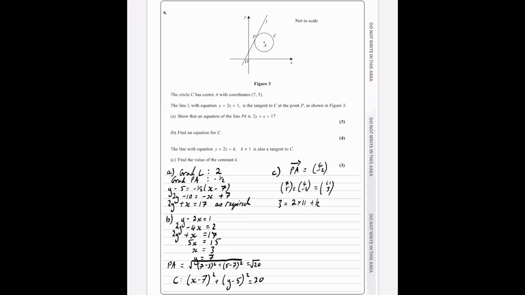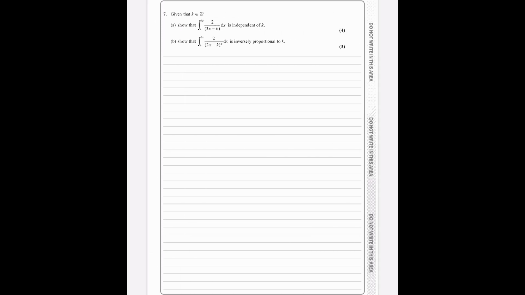So P to A is 4, negative 2. And then if we add 4, negative 2 to A, we'll get 11, 3. And so we know this line passes through 11, 3, so I'm substituting that in. Solve it to find k is negative 19, and that's our equation.